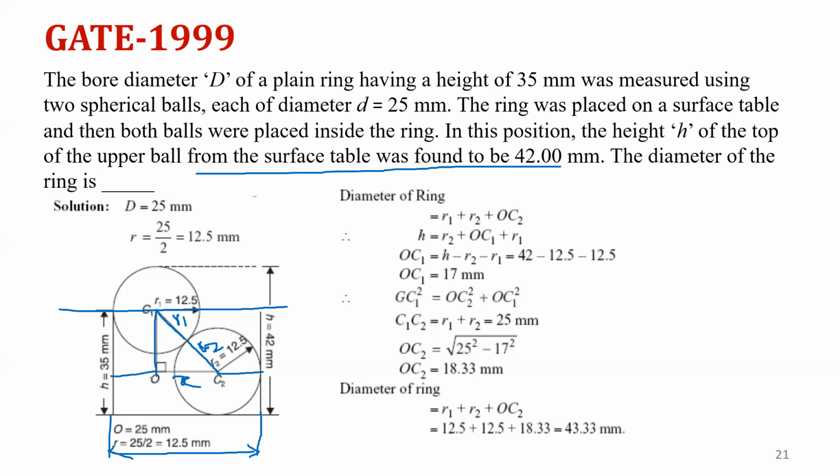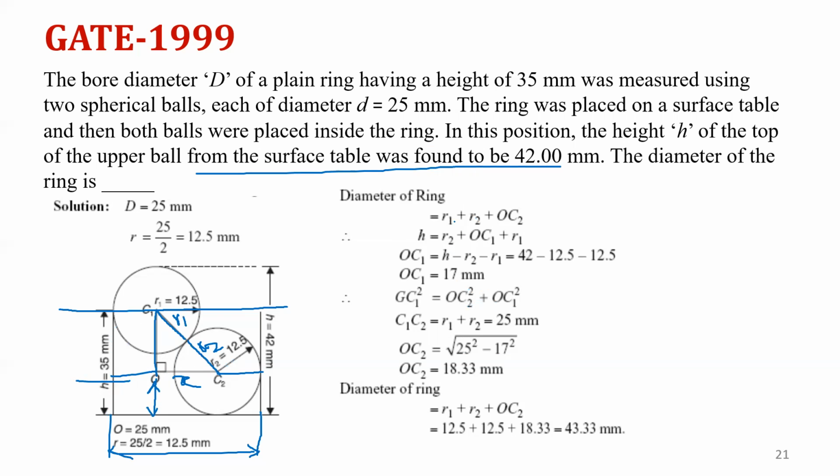So in order to find C1O, how do you find it? The total is 35, so 35 minus this radius, you will get this C1O.